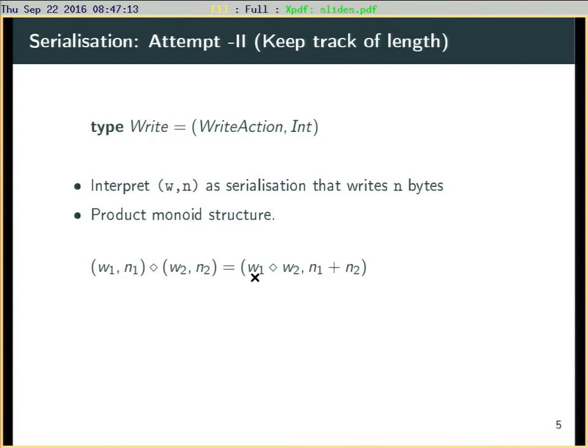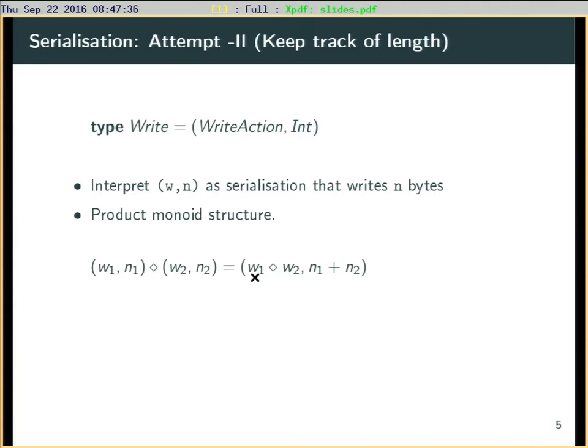Okay. So the way we interpret a tuple (W, n) is that W is the underlying action, and n is the number of bytes that the action would write if executed. Okay. So there is a natural product monoid structure, which is given here.